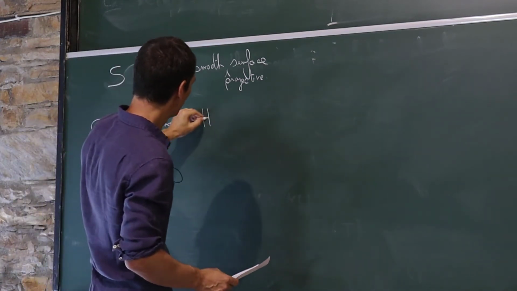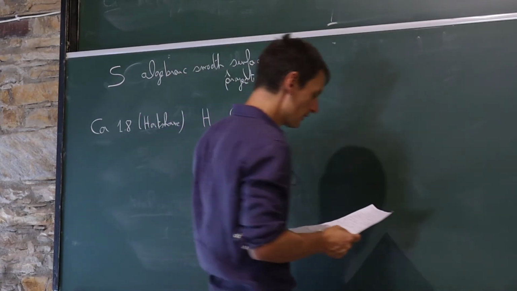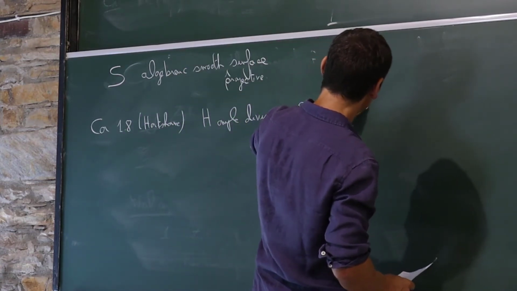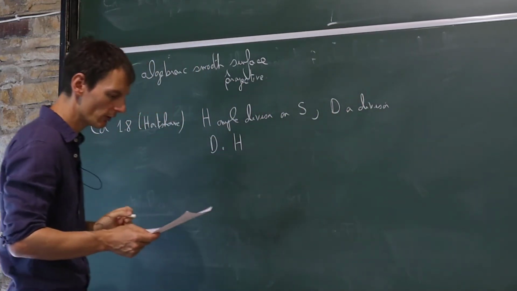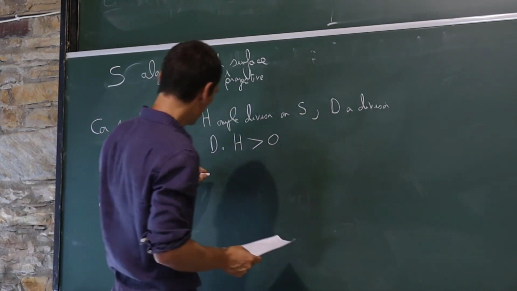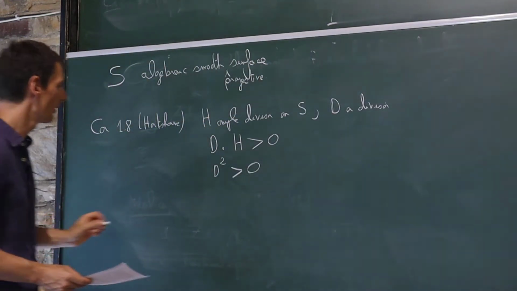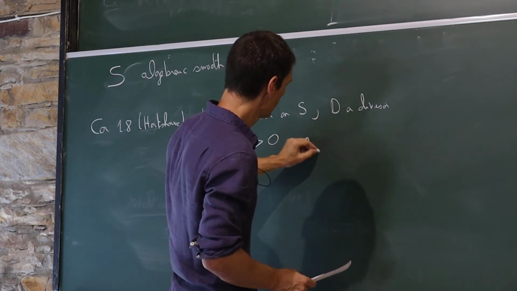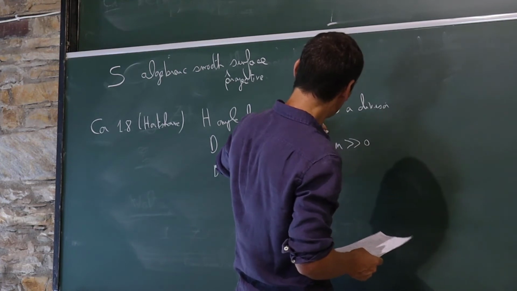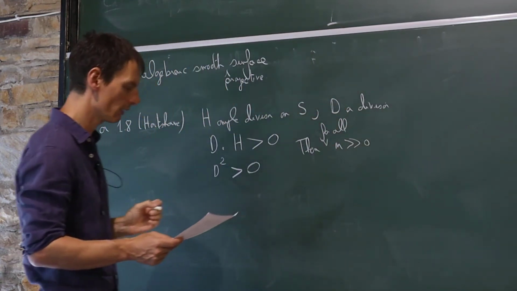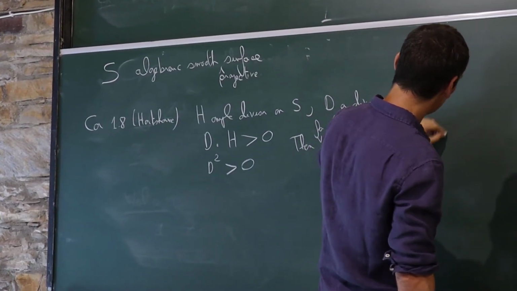If you have H, an ample divisor on S, and D a divisor on S such that D intersection with H is positive, and such that D square, the self-intersection, is also positive, then for all n sufficiently large, the divisor n times D is effective.